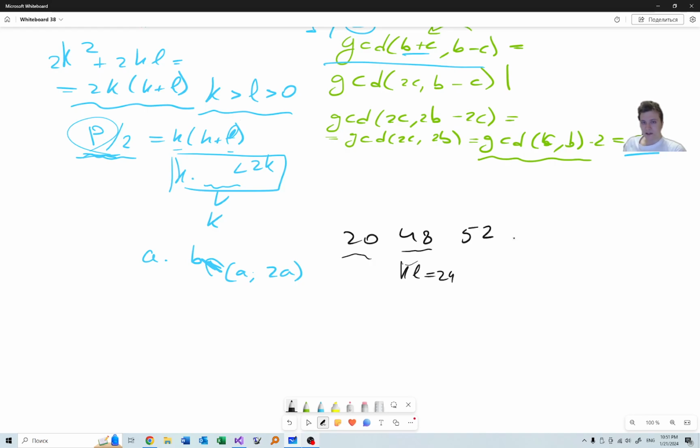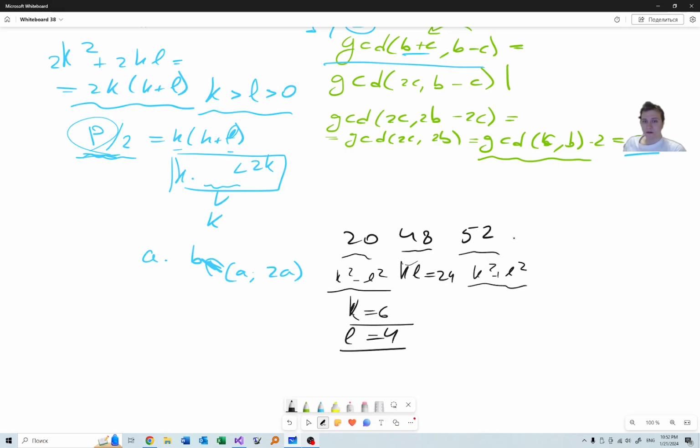Now we know that these numbers are k squared minus l squared, and this is k squared plus l squared. Let's add them up. The difference between these numbers is 32. Over 2 is 16 and square root is 4. So k equals 6 and l equals 4.